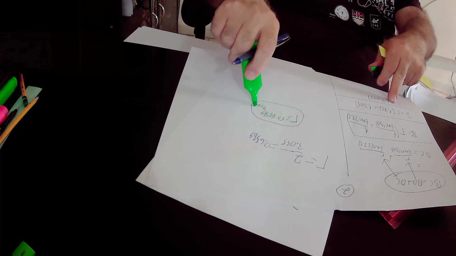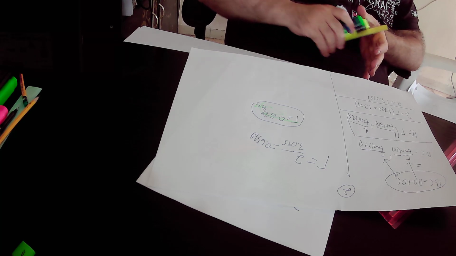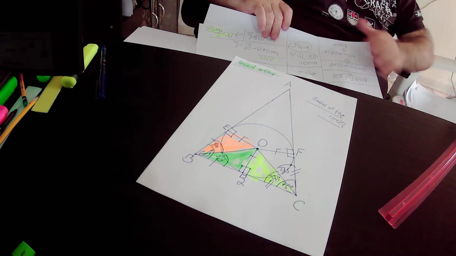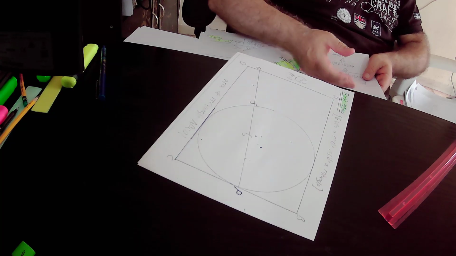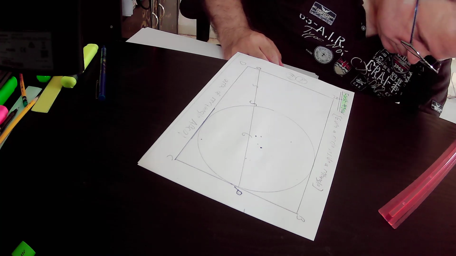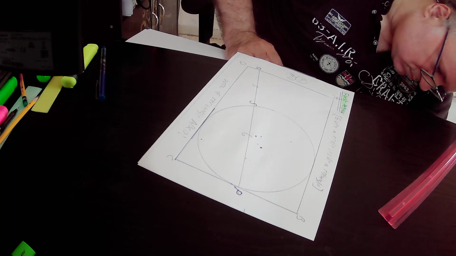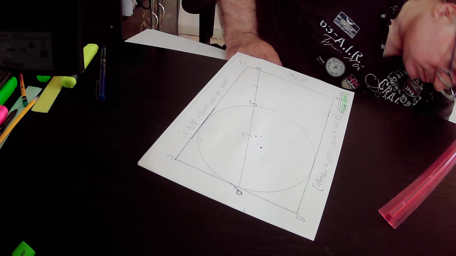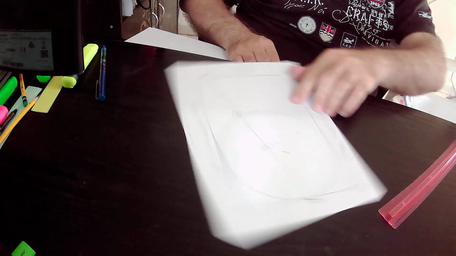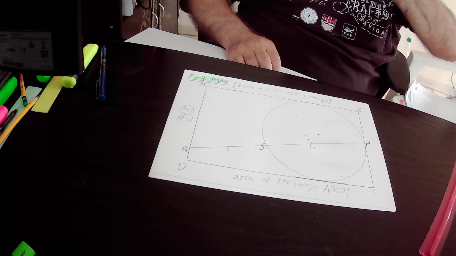In the next step, I will present to you the second question, and we'll solve the second question in 2 different methods. In the drawing, we have rectangle ABCD.